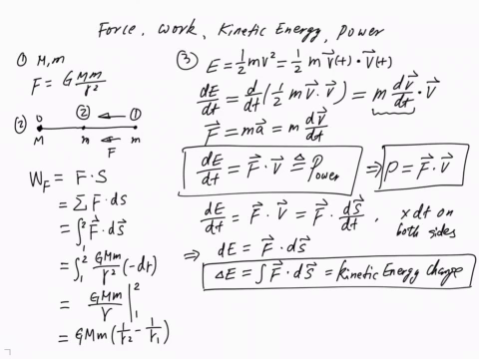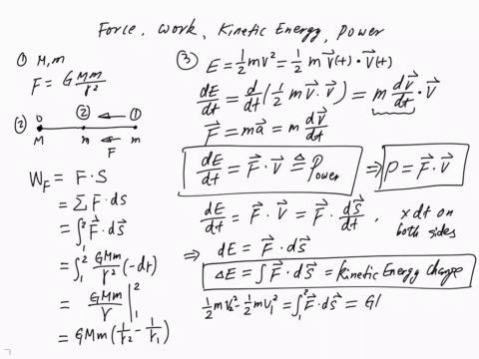And you can write it another way. Going back to the previous example, if we move the small mass m from 1 to 2, you will end up with kinetic energy 1/2 m v2 squared minus 1/2 m v1 squared. That's the increment of kinetic energy, which is equal to this integration from 1 to 2.